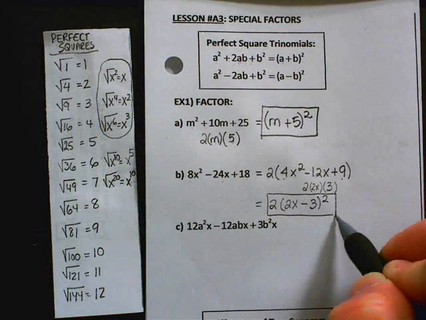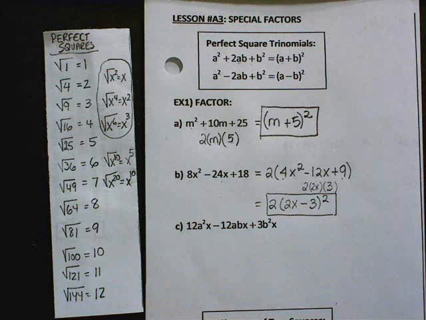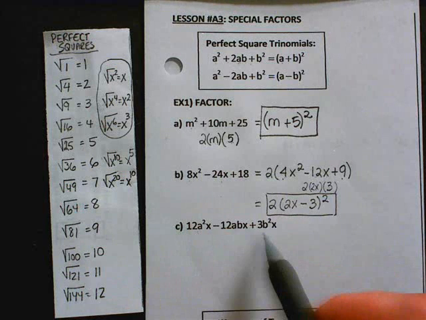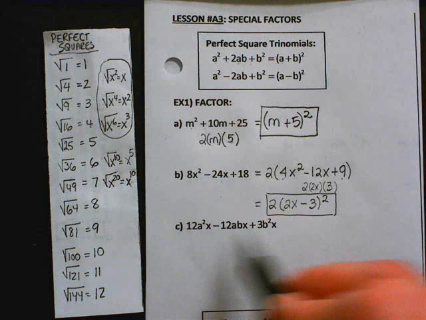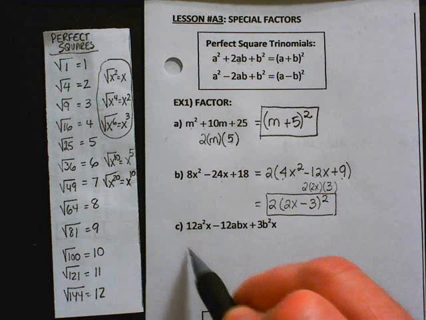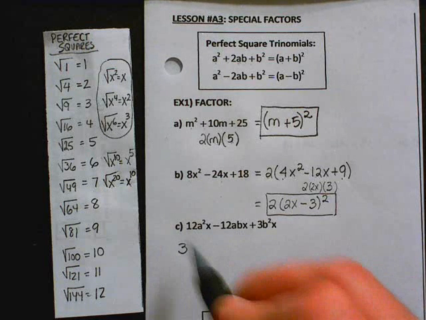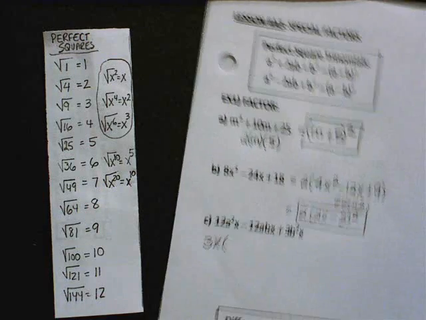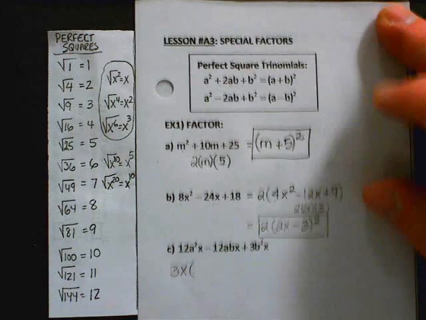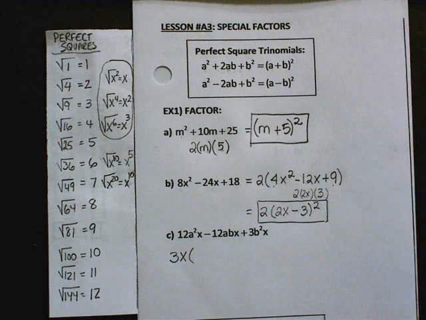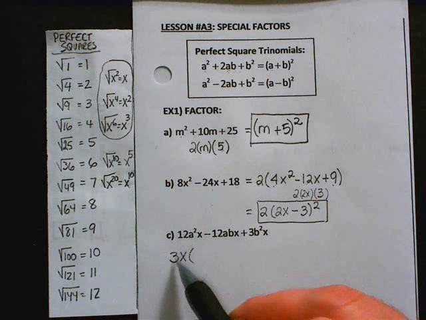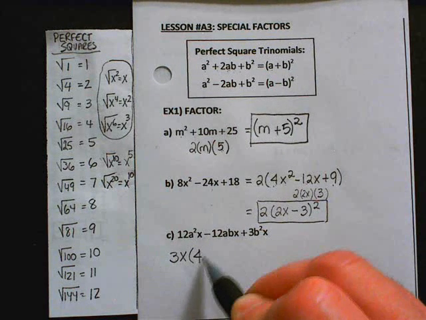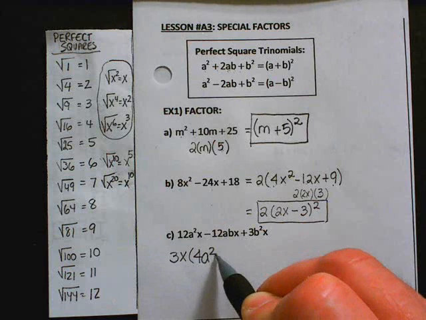Let's try one more example here. Again, ask yourself, what can I factor from all 3? I notice I can factor out a 3 as well as a letter x. By factoring out the 3x, I get 12 divided by 3 is 4a squared, and the x cancels.